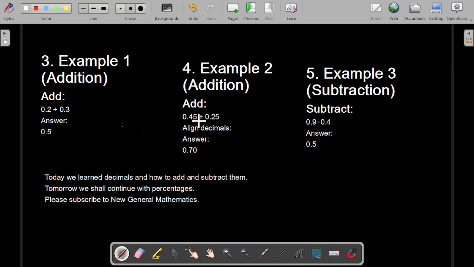As I said before, we have 0 point, we have 0 point. Definitely these numbers are less than 1. 0 plus 0 will give you 0. So now what you do here, first you add 45 plus 25.